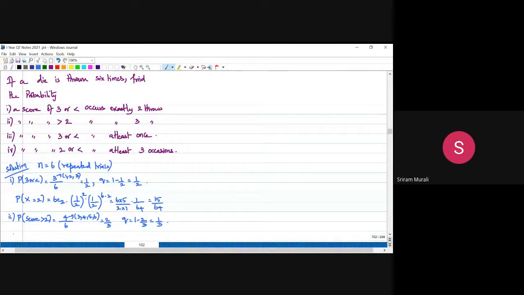Where we want to get exactly 3 throws. So this is 6C3 p power 3 q power 6 minus 3.